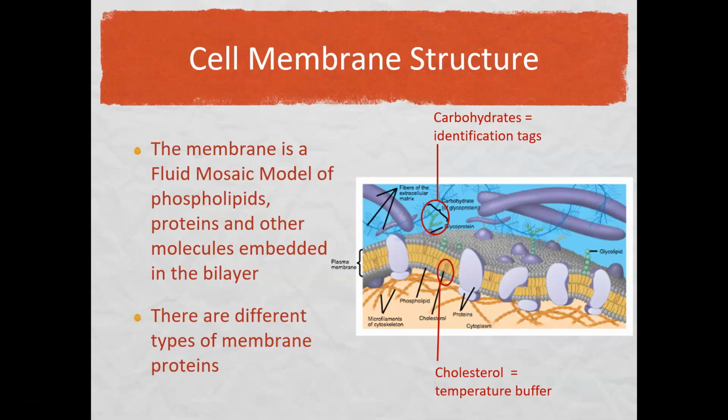If I'm getting above my normal temperature level, again, within a reasonable range, that cholesterol can help to solidify and keep that membrane solid without you all just having your membranes flowing all over the place and everything breaking down. So all of this structure here is there to maintain the protection of what's inside your cells from the external environment and be able to monitor and maintain that homeostasis.